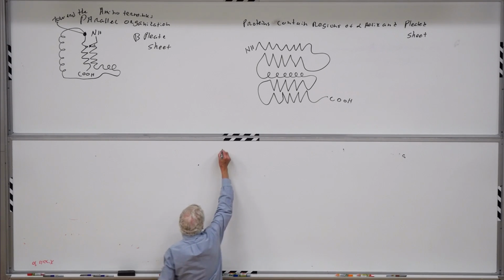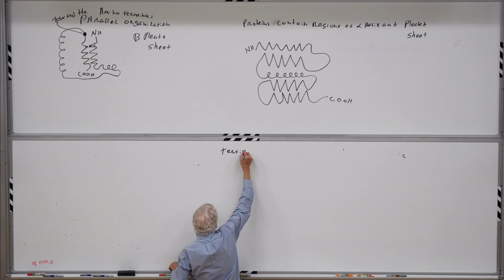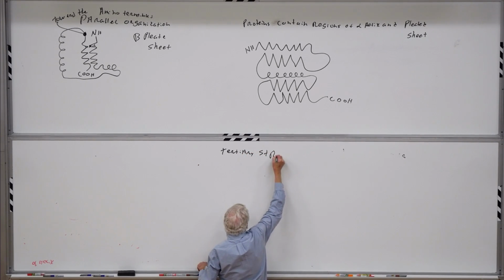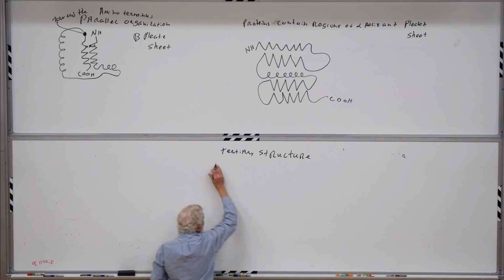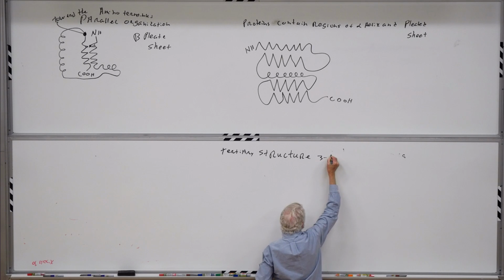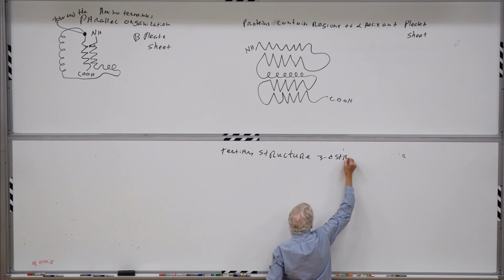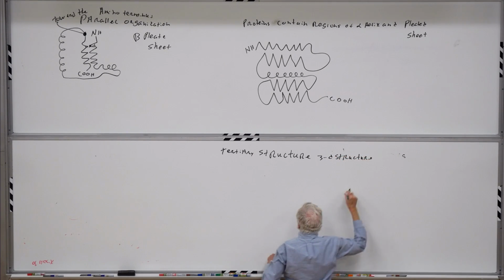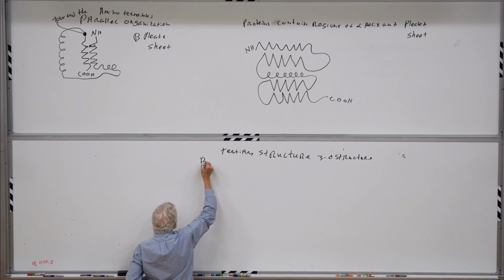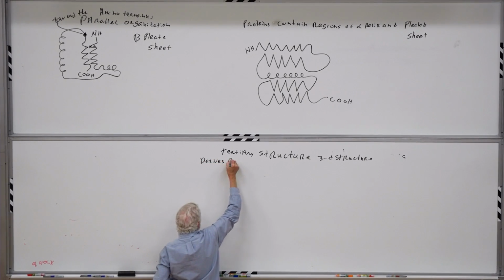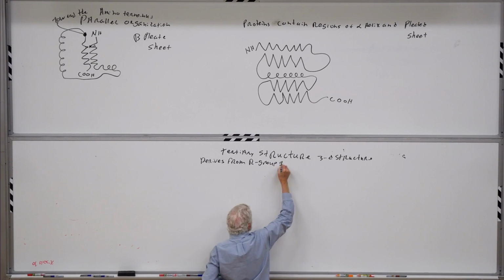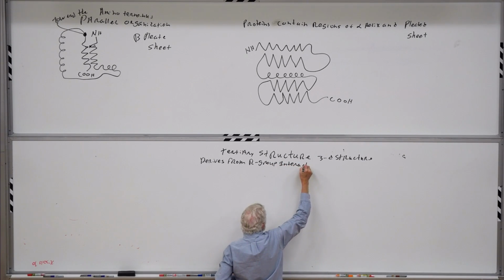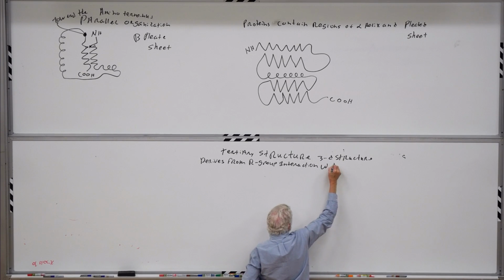So we'll label this as tertiary structure. The tertiary structure, which is just a fancy name for the 3D structure, derives from R group interaction with water.